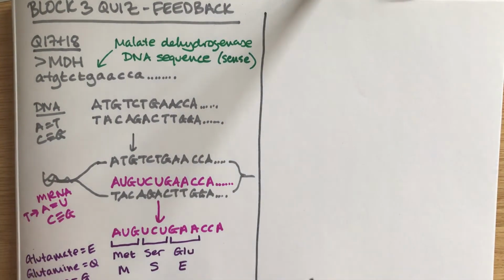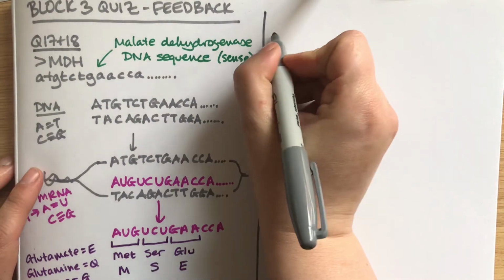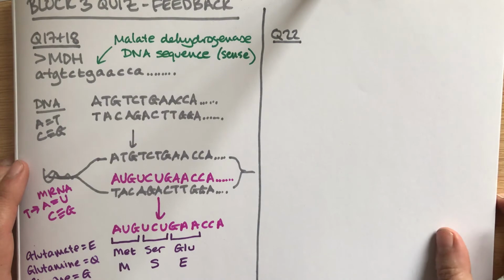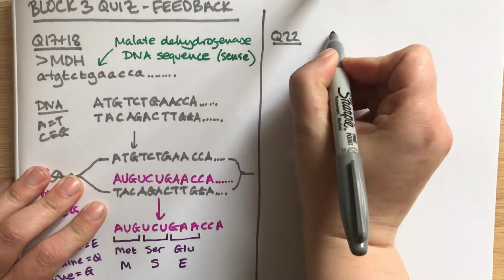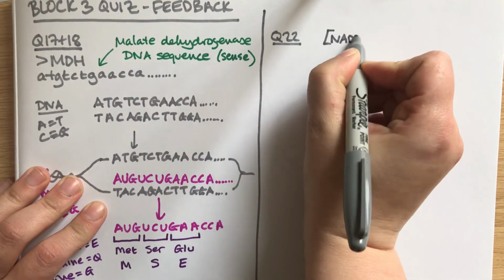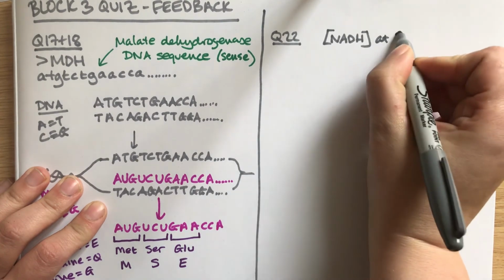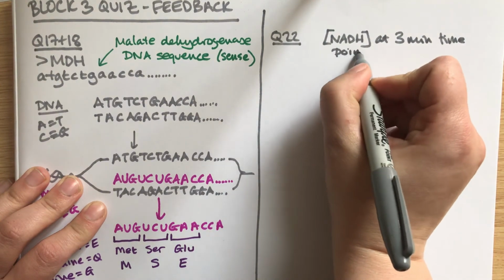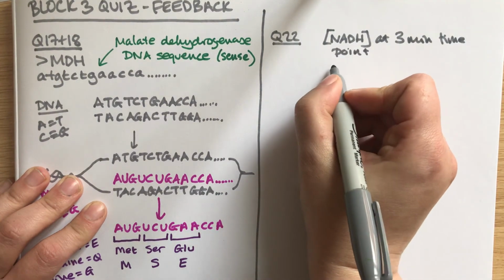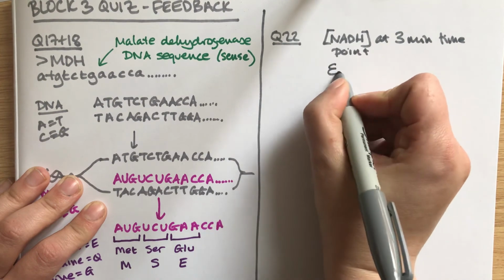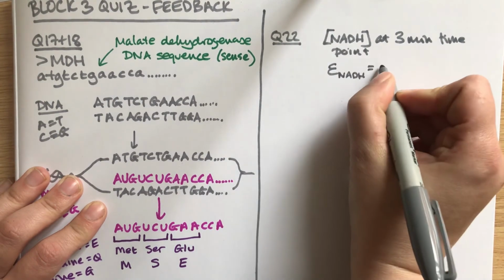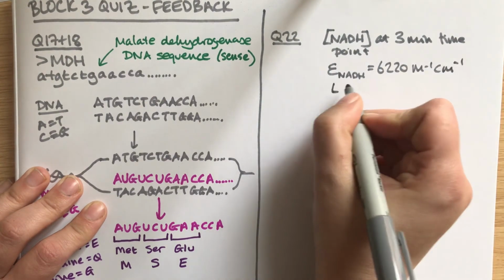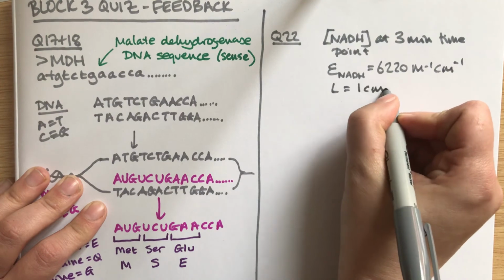The other one that I'll just go through quickly was question 22, which was a Beer's law question. The question was to calculate the concentration of NADH at a 3-minute time point. We gave you a table of values, and we gave you the extinction coefficient of NADH, which was 6220 per molar per centimetre, and the path length, so how big the cuvette was, 1 centimetre.